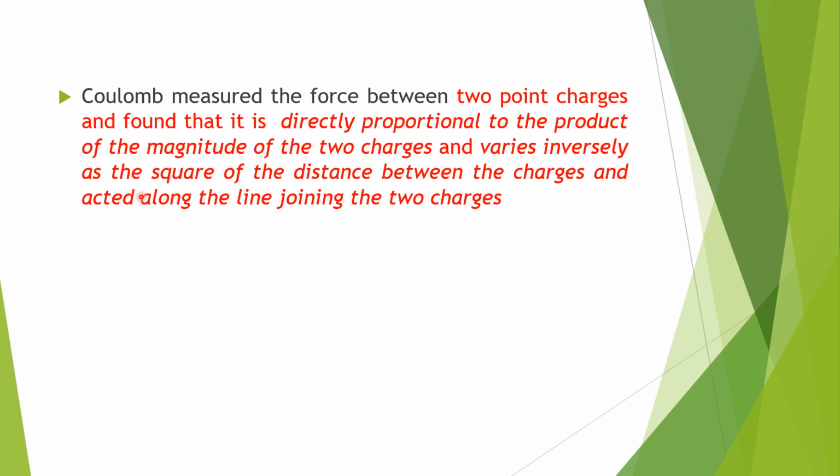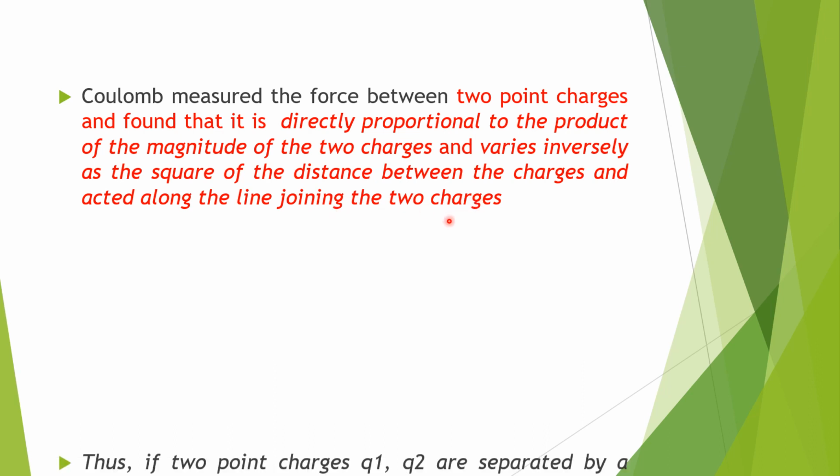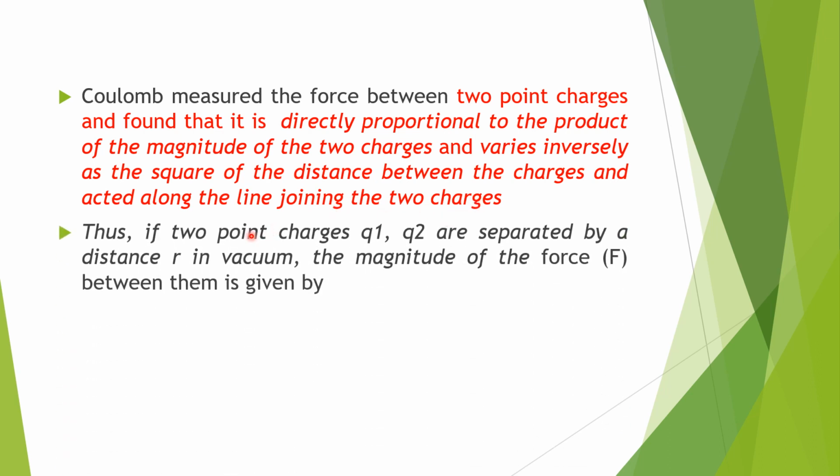And this force acts along the line joining the two charges. That is, if you have two point charges Q1 and Q2 separated by a distance r in vacuum, the magnitude of the force between them is given by F is equal to K into Q1 Q2 by R square.